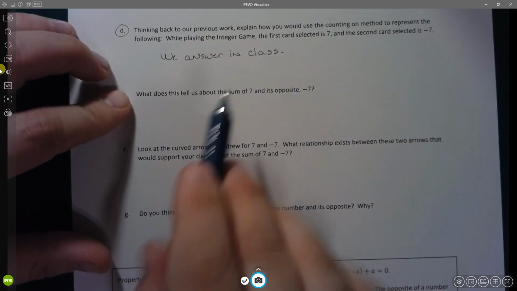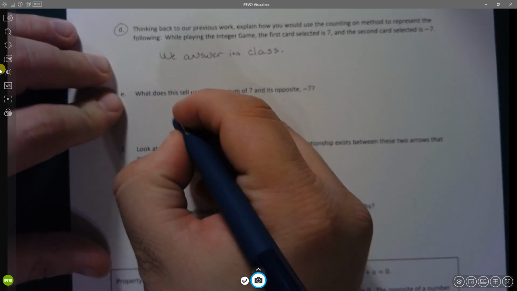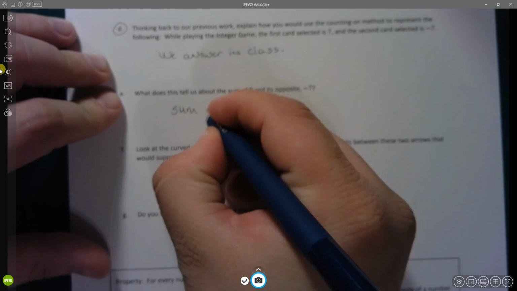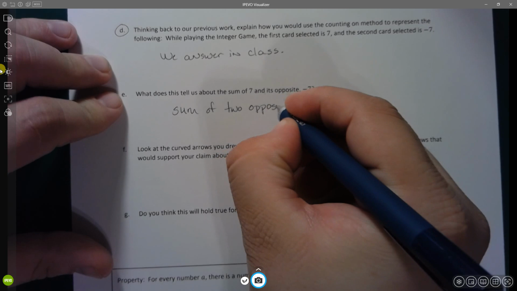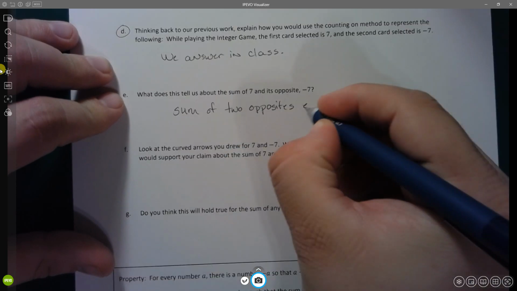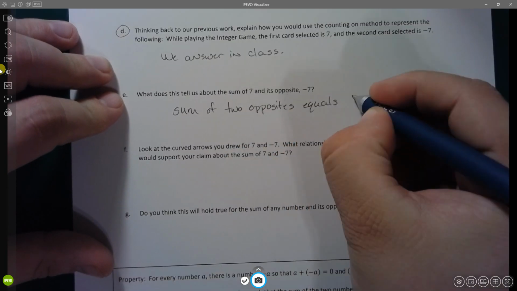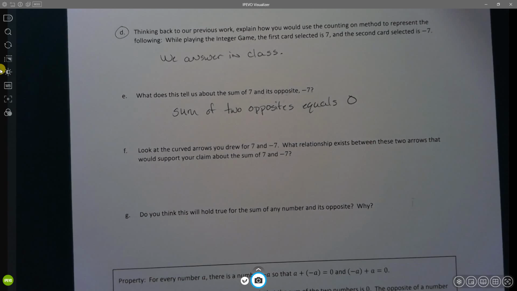So this tells us the sum of two opposites equals 0. That's important to know. We learned that the sum of two opposites is going to equal 0.